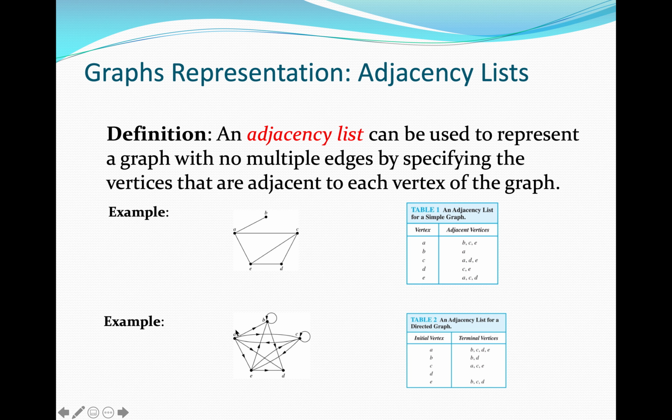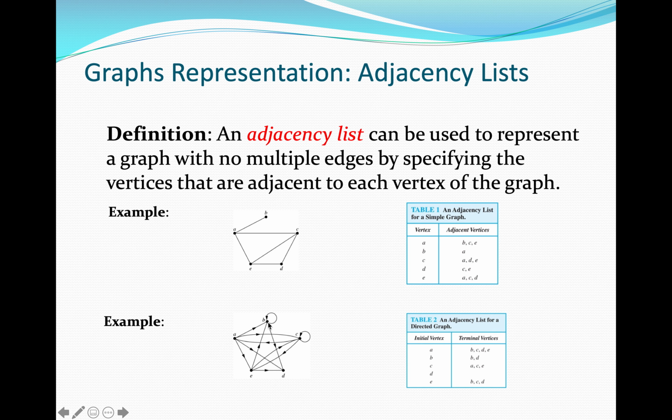So you can say that now for the vertex A, it's going out to B, and A is going out to C, and A is going out to D, and A is going out to E. So we say that B, C, D, and E are the terminal or adjacent vertices to A.